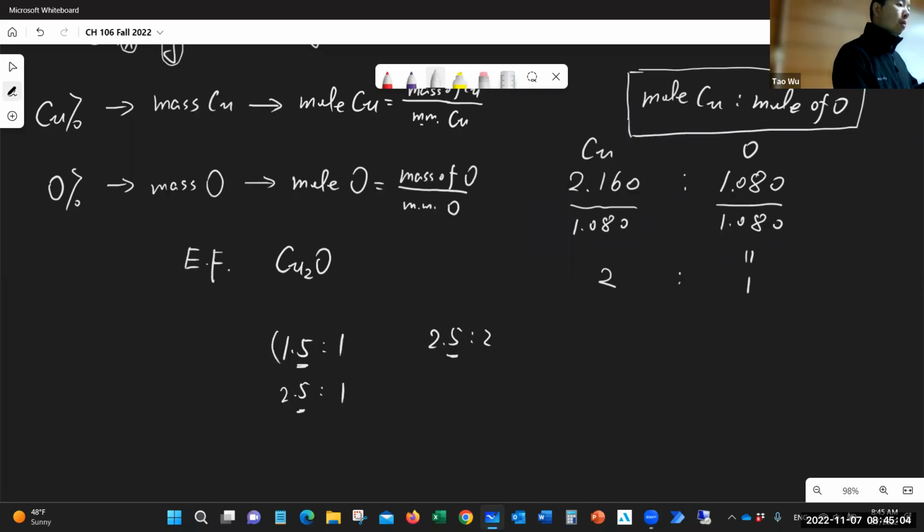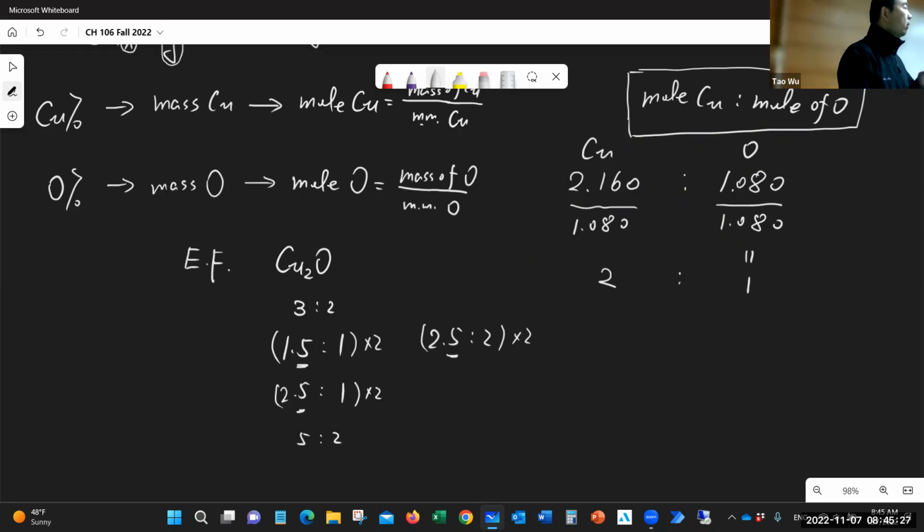You need to multiply each of these ratios by 2. Then you will get whole numbers, because 0.5 times 2 is equal to 1. So 1.5 versus 1 is equal to 3 versus 2. 2.5 versus 1 becomes 5 versus 2.